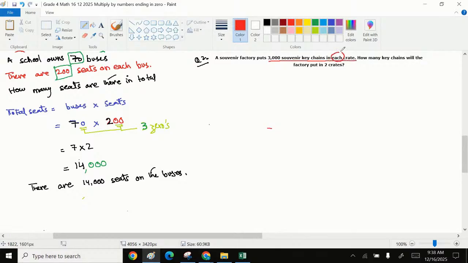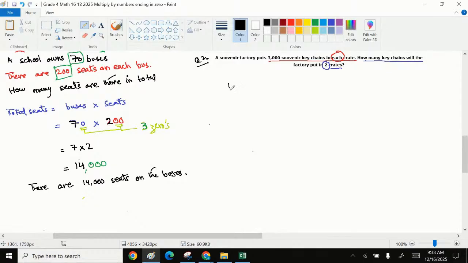What we need to understand is, it's saying each. That means every crate has 3,000 keychains, right? How many keychains will there be in 2 crates? That means 1 crate is 3,000. 2 crates would be 3,000 times 2. Agreed? But let's look at the working.